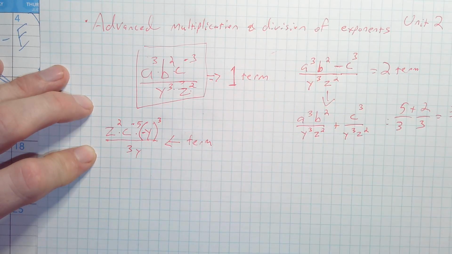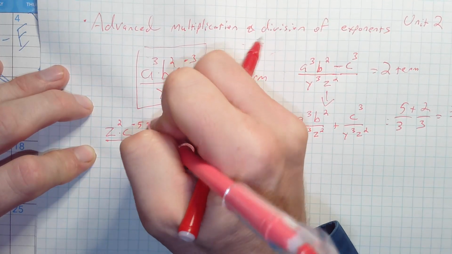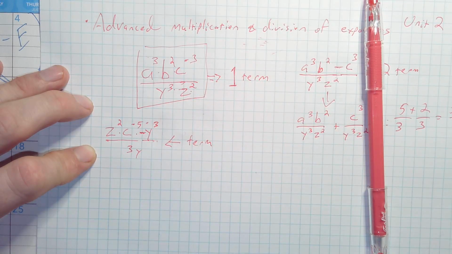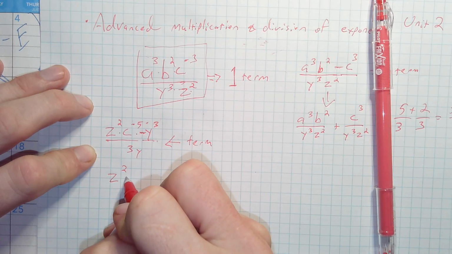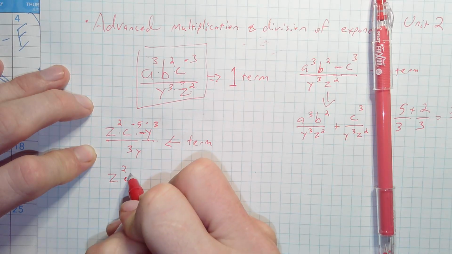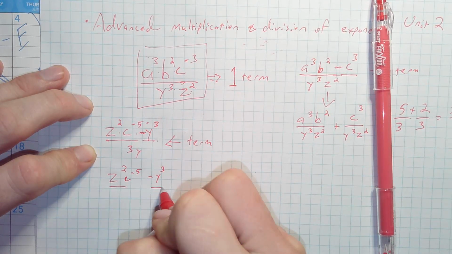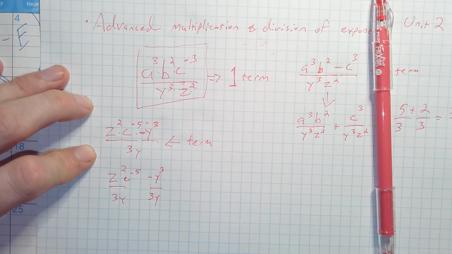And it completely changes if I erase those parentheses and just say this, it's completely different. Now it's two terms. This would change into z squared c to the negative fifth minus y cubed, and it would turn into this. Isn't that crazy what parentheses can do?